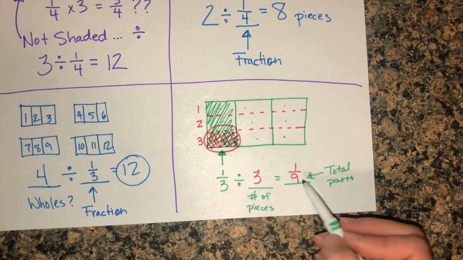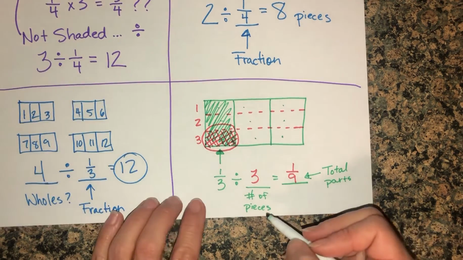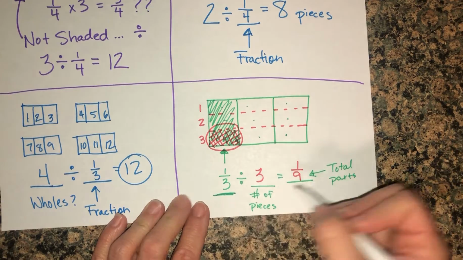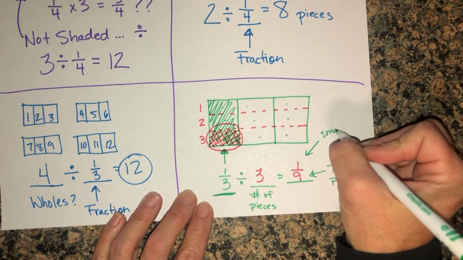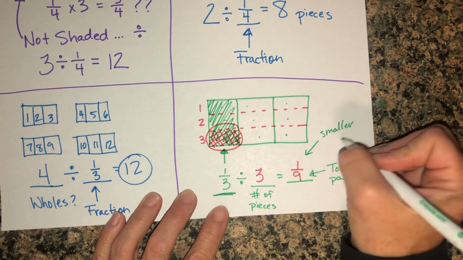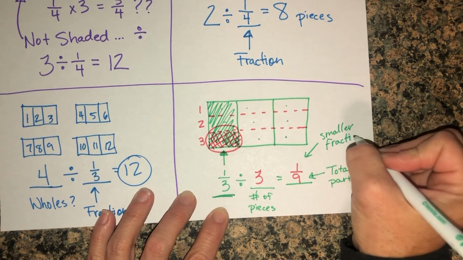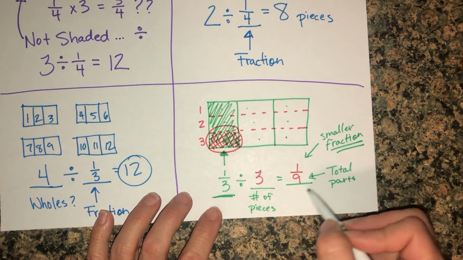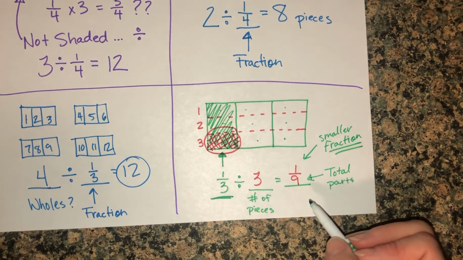So the answer shows the part of the part. And if you start a division problem with a fraction, you're always going to get a smaller fraction. Always. Your smaller fraction has a bigger denominator, okay?